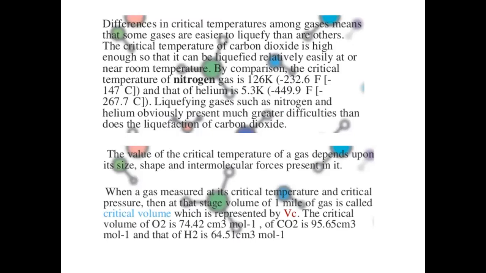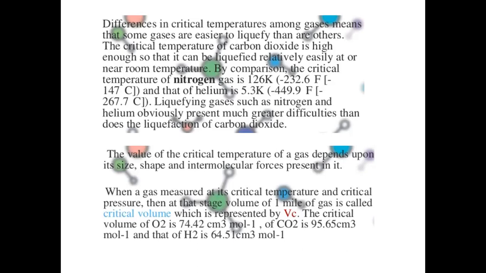By comparison, the critical temperature of nitrogen gas is 126 Kelvin, and that of helium is 5.3 Kelvin. Liquefying gases such as nitrogen and helium presents much greater difficulty than the liquefaction of carbon dioxide. And the value of critical temperature of a gas also depends upon its size, shape, and intermolecular forces present between the molecules of the gas.